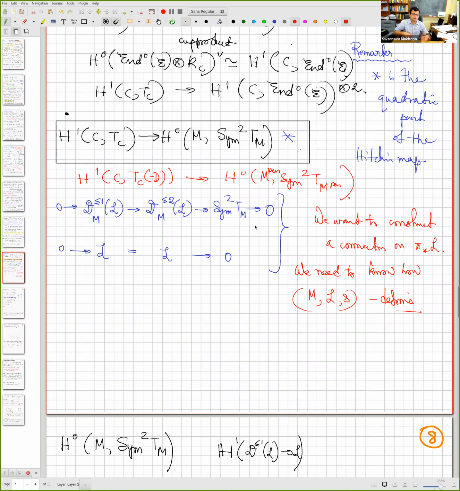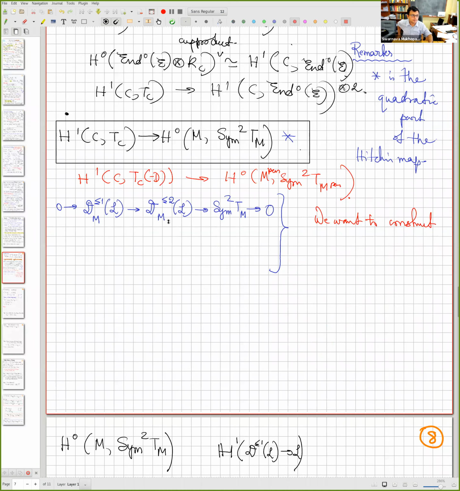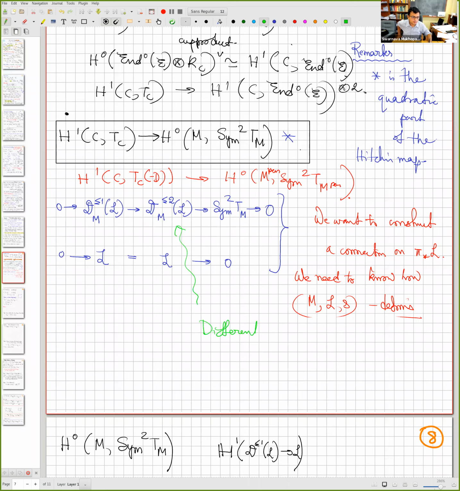So these are differential operators of order less than 2, and this order is denoted by this.